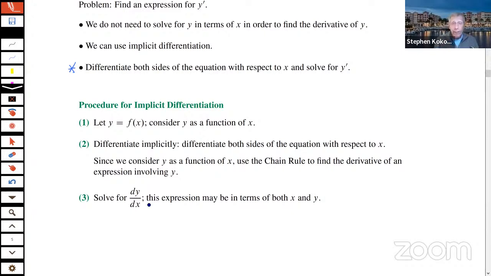I'm just going to underline this part of 3 because this is kind of weird in implicit differentiation, at least I think it is. When we solve for dy dx, when we solve for y prime, often the expression involves both x's and y's, and that's very different from a lot of the problems that students who are listening may have been doing up until this point.